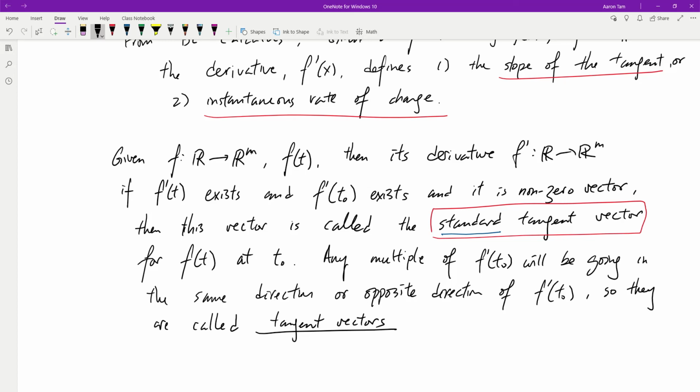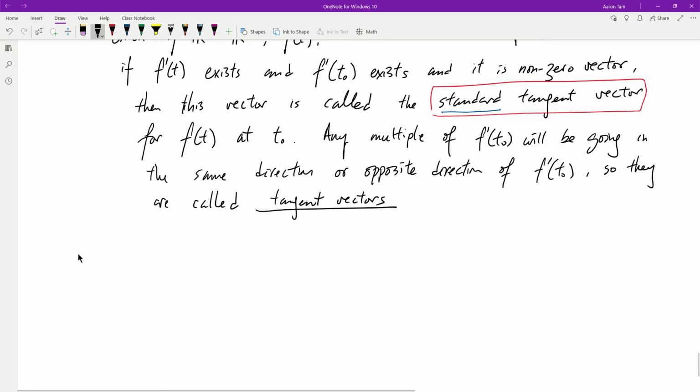So how do we actually form this f prime? Well, simple. Remember, we already talked about it. When you have a vector valued function like this one, which maps into Rm, we can define the function using coordinate functions.